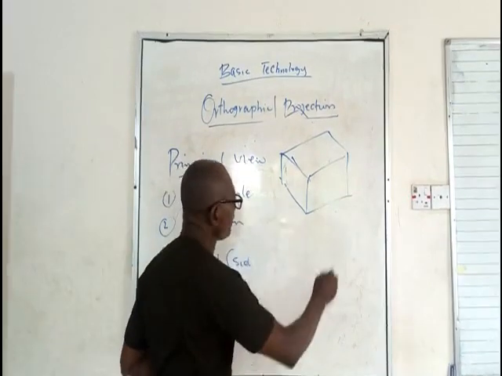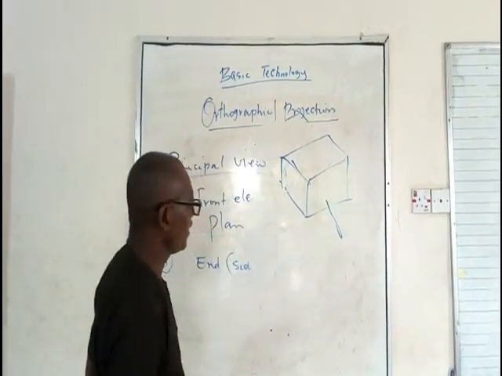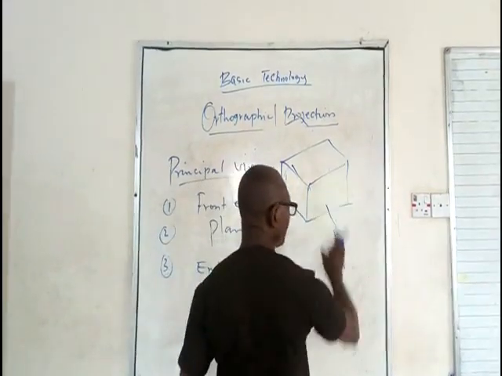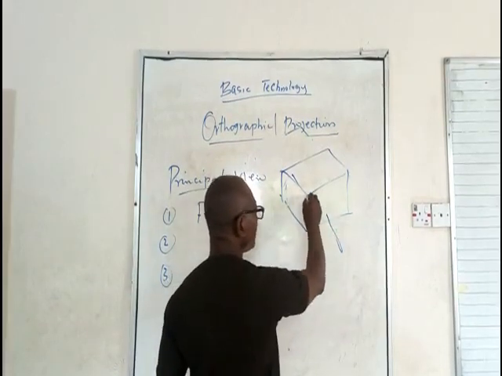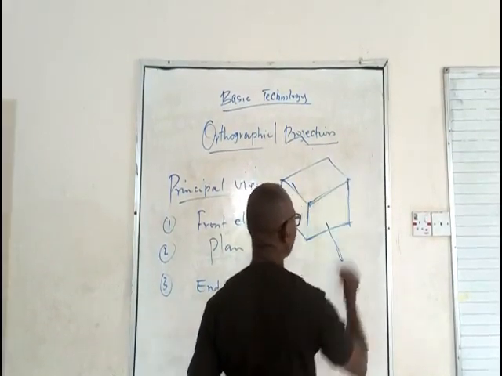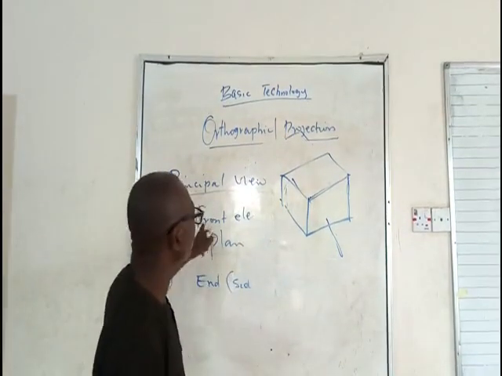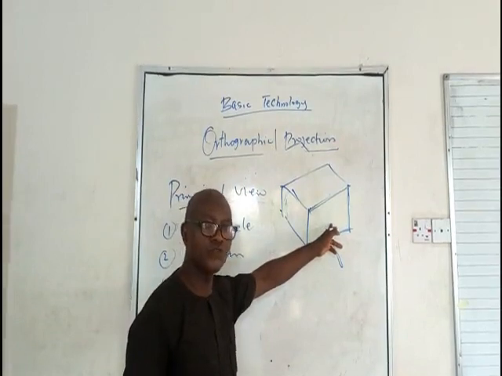If this is the front of the object, it means that you are viewing from here. If you are viewing from here, all you will see is this line, this line, this line, and this line. And that becomes what we call the front elevation. That's where you view it.